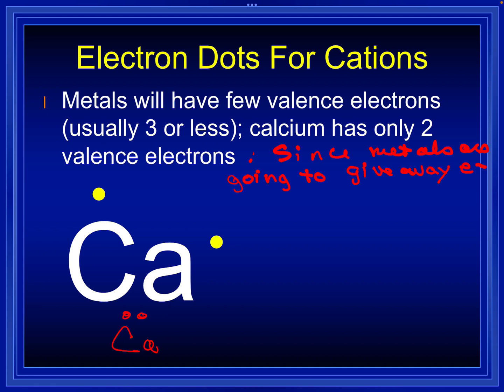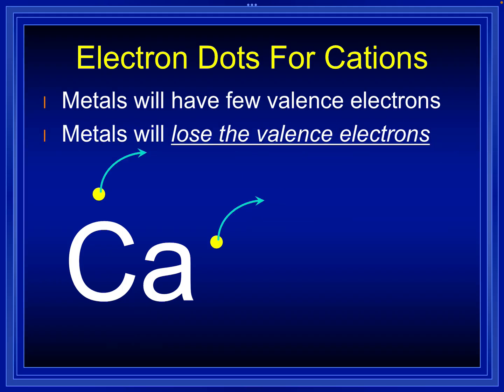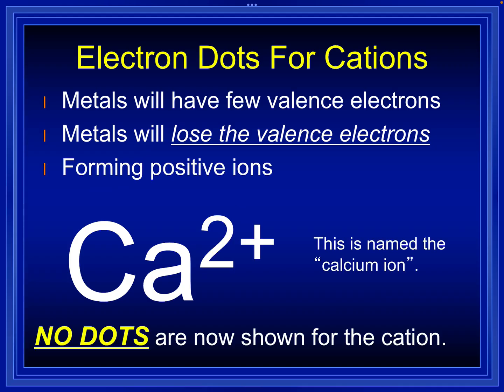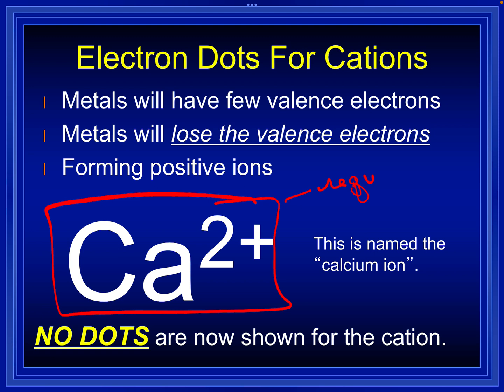Location of dots isn't super critical because it's going to give away its dots. You can see that it's losing its valence electrons, and we will write it in this format. This is the required format for ions. This particular ion is called the calcium ion. This will get a bit more complicated, but not during this small lecture.